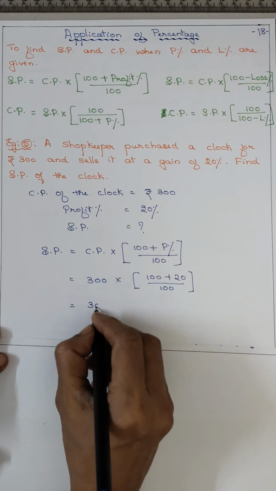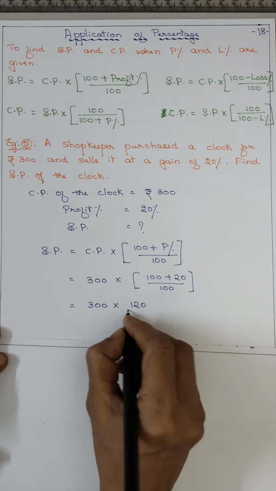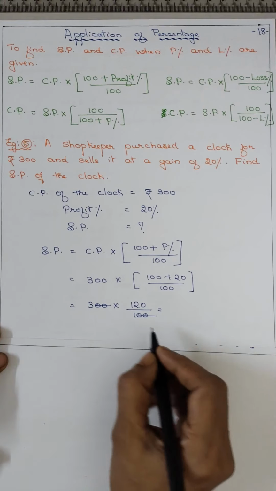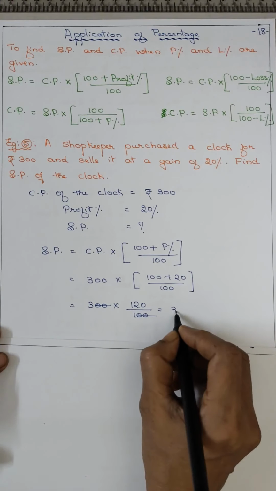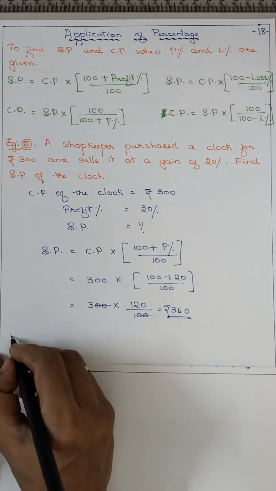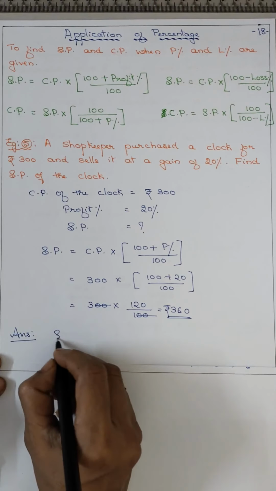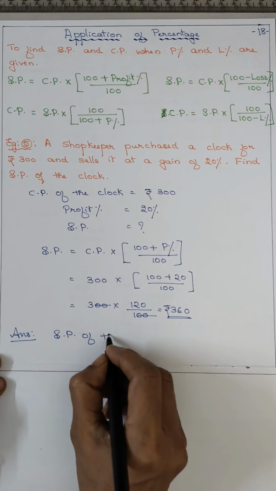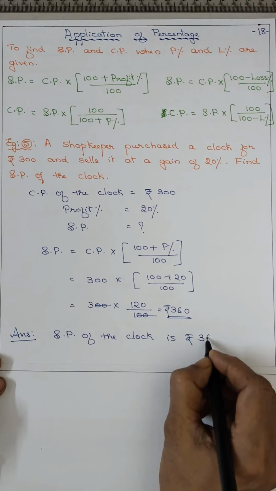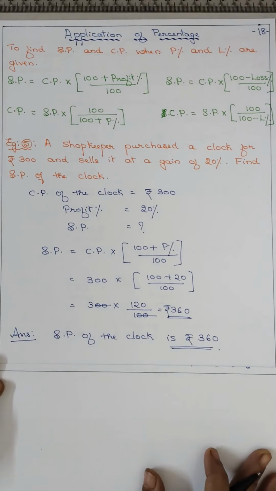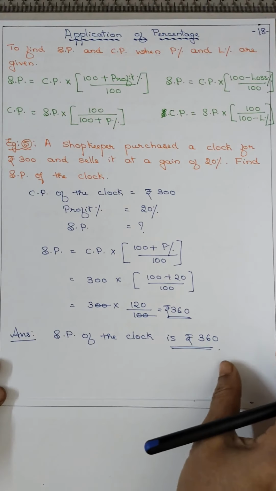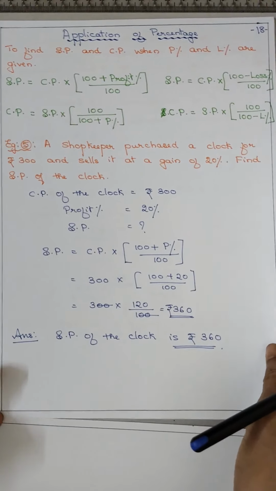That is 300 into 120 upon 100. Cut the zeros; 3 twelves are 36. Answer: SP of the clock is rupees 360. Very easy, isn't it? You have to remember the formula, that's all. Then put the values and calculate. So that was example 5.